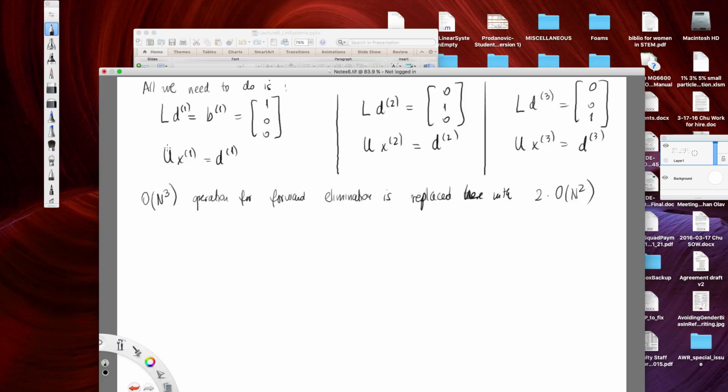And that's what's cheaper. It looks like, oh my, I have to solve a lot, but if I was actually doing all of this by hand, it's cheaper.